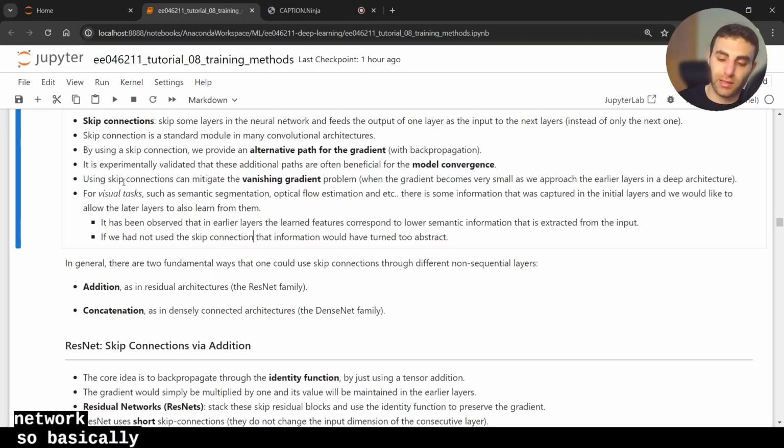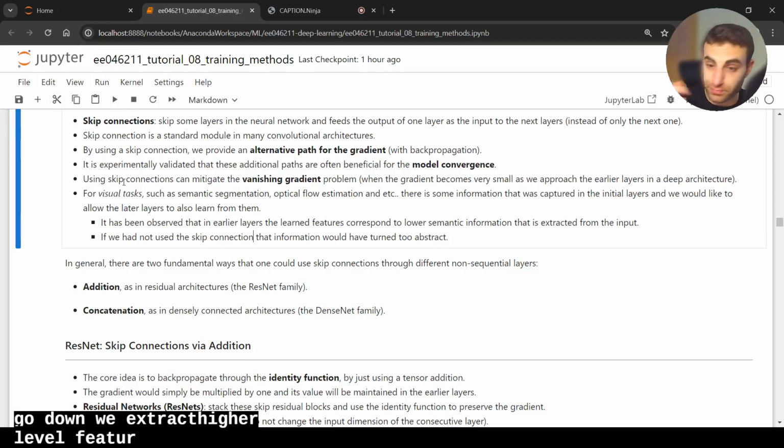Basically, when we go deeper, we extract higher level features, or lower level, depending on how you look at it, and the information can become too abstract, and we never propagated the output of the previous layers to the classification head, right? So maybe there's some information that was captured when we operated on larger resolutions that we want to preserve somehow. The way we do this is by using skip connections.